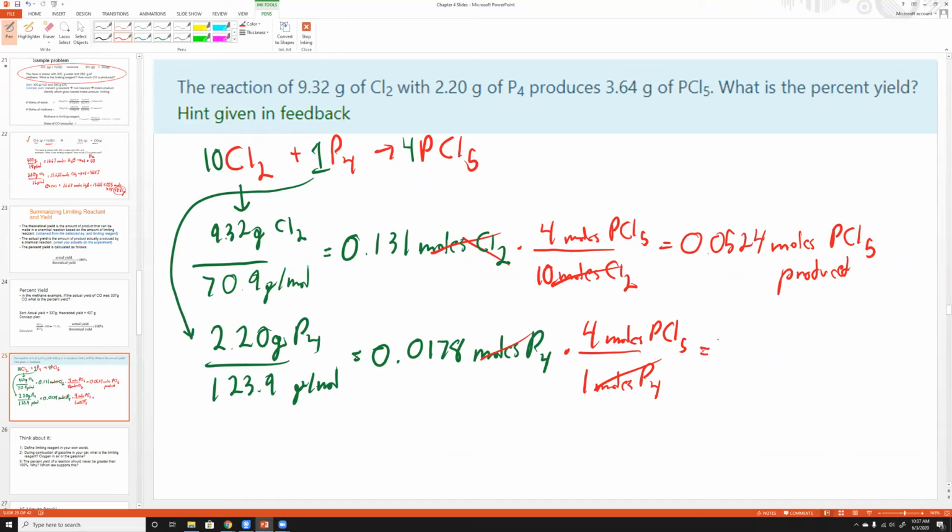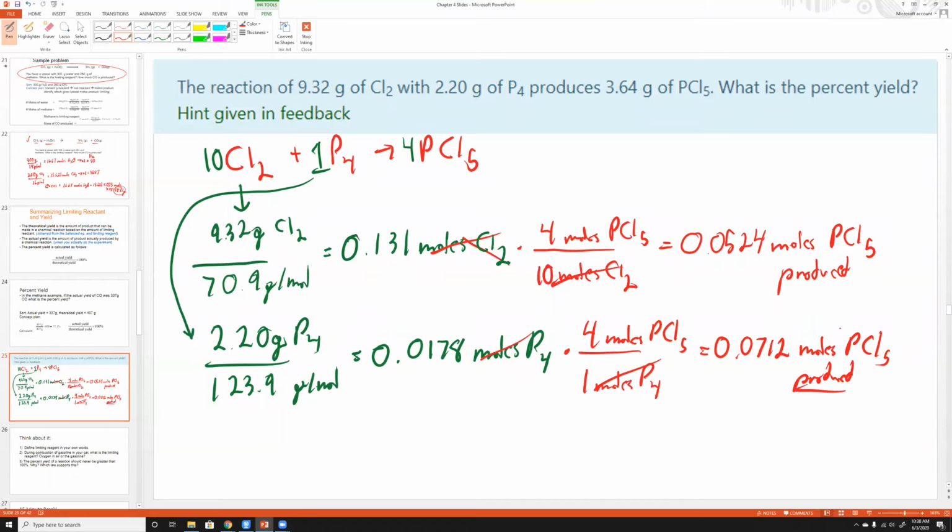Multiply that by 4, and what do you get? 0.0178 times 4, and you end up with 0.0712 moles of PCl5 produced.